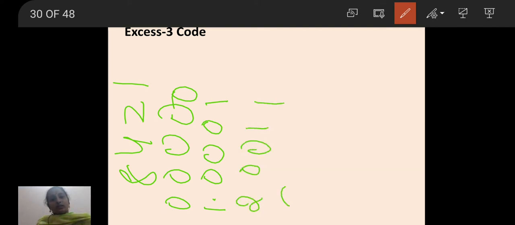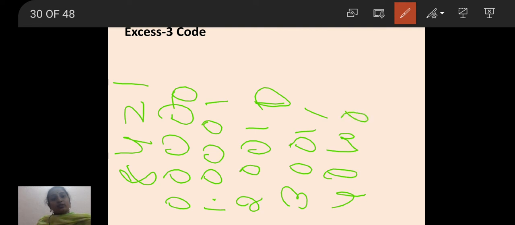This is the 8421 equivalent: 0 is 0000. For 1, we get 0001. For 2, we get 0010. For 3, we get 0011. For 4, we get 0100. For 5, we get 0101.